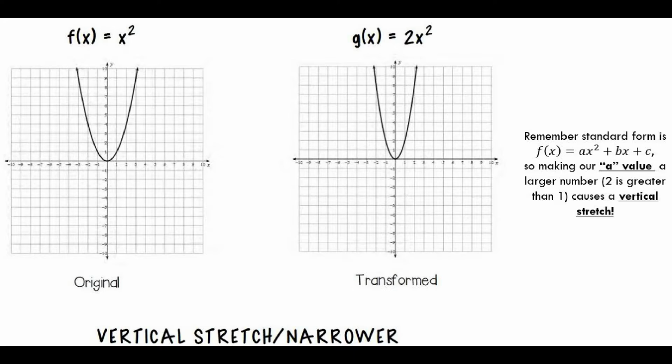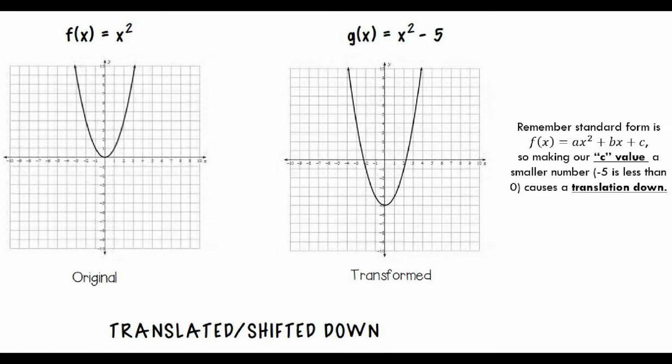Then we are going to talk about translations. Okay, for translating, we're going to be changing our c value. We're not changing a anymore, now we're changing c. So when we change our c value, if I want to move my graph down, I would pick a number smaller than what I started with. So in my original, there is no c there, so that means it's 0.